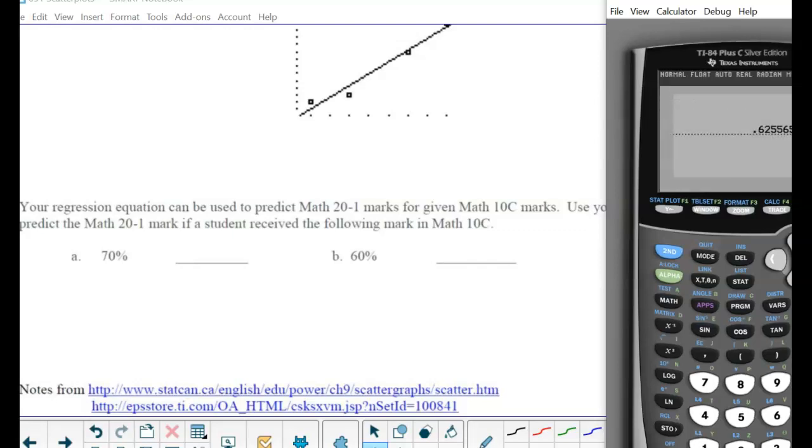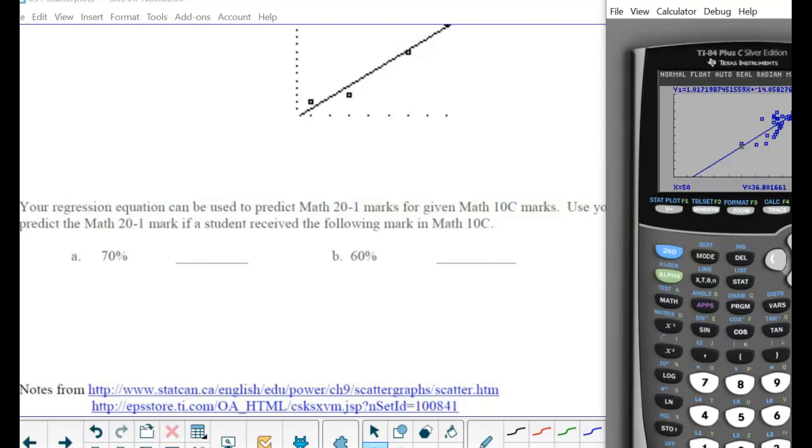If we use our graph, it'll be as close as possible. So remember, 10C is your horizontal. If you go to trace, the first thing it traces on, if you look at the top left, is the plots. If you go left and right, it's going through all the plots that you listed. Cursor down, and that will get you onto Y, your function.